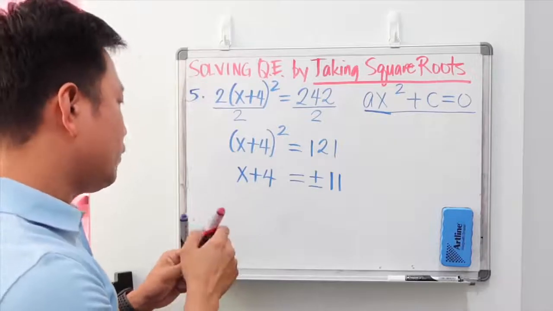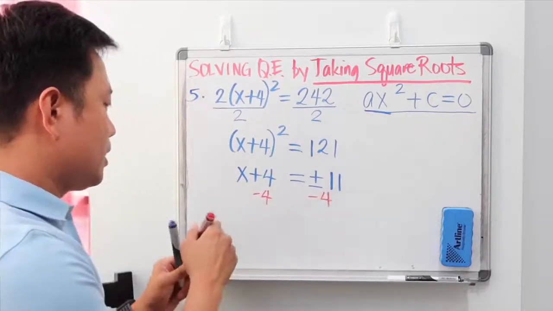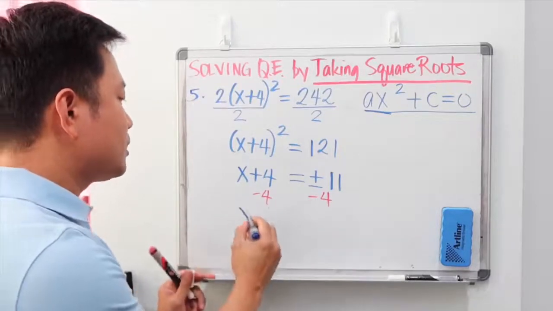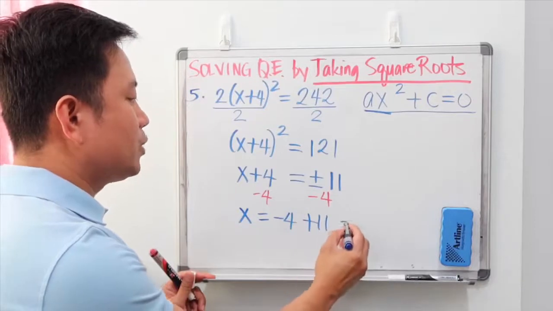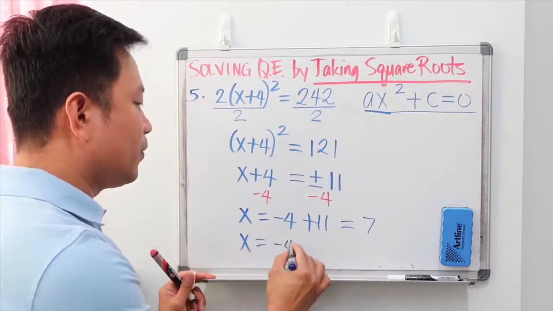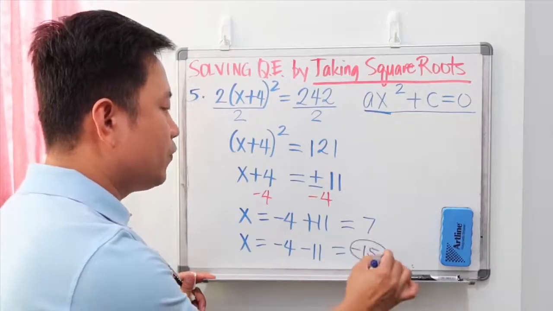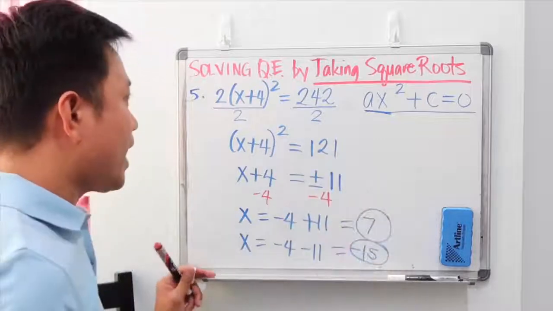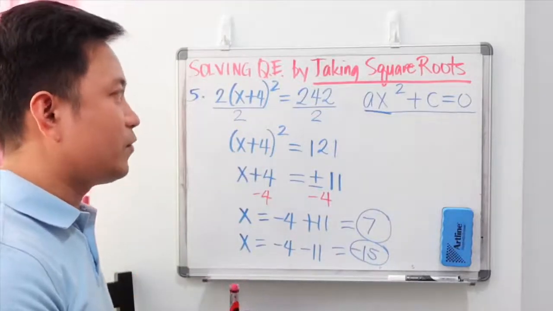The same thing, solving for x by itself, we subtract 4 from both sides, and that gives us x is equal to negative 4 plus 11, which is 7, and the other is negative 4 minus 11, and we have negative 15. So the two values for x that will make this equation true are 7 and negative 15.